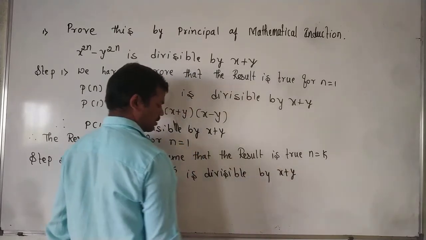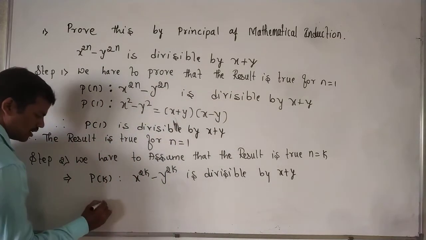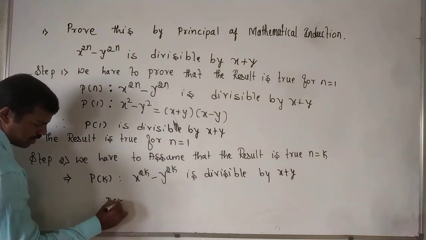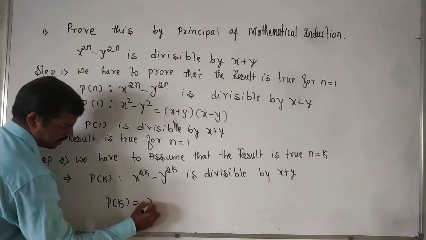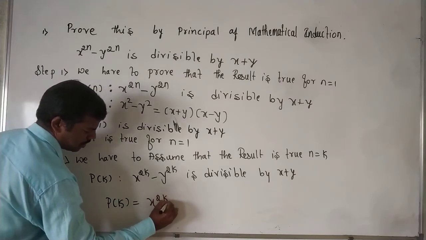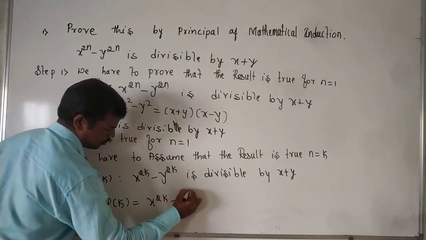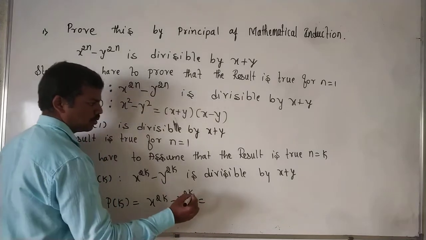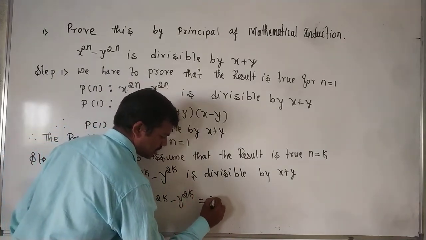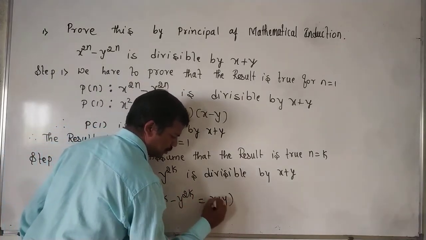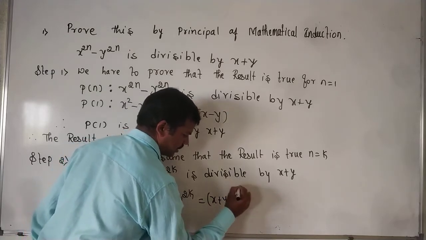It means we can write this as a multiple: x raised to 2k minus y raised to 2k is equal to x plus y into some integer that we call q.